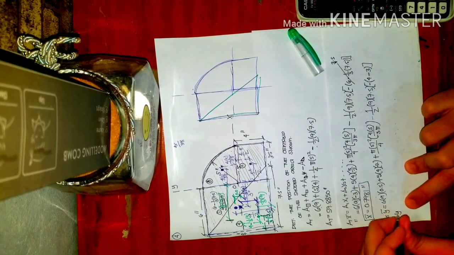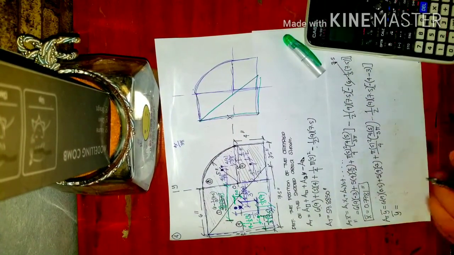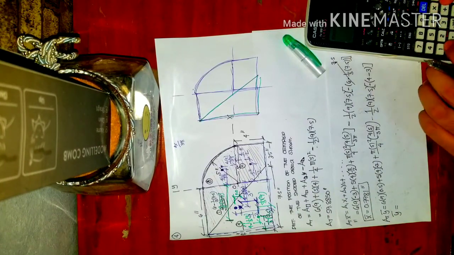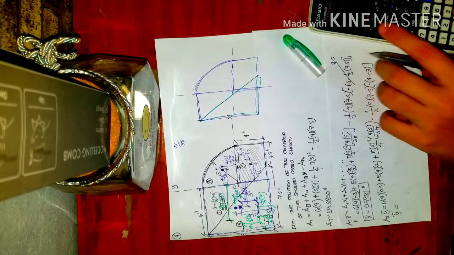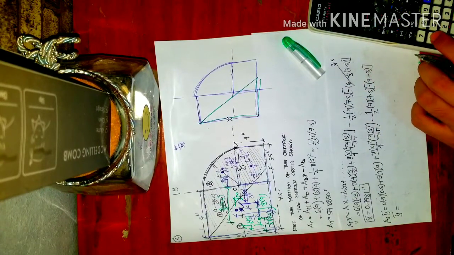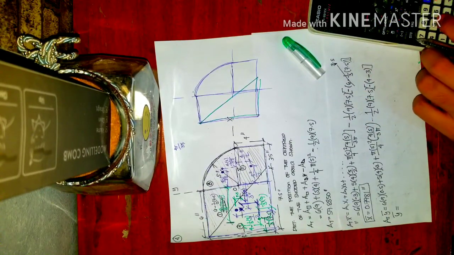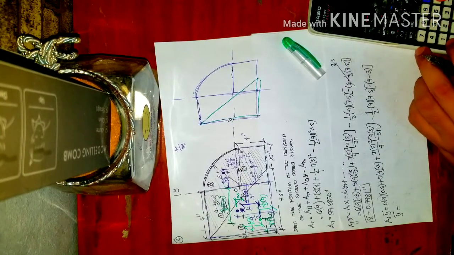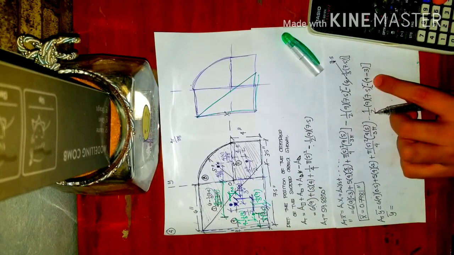So what will be the value of your y bar? So pindutin lang muna ulit natin. So 6 times 9 times 0.5 plus 5 times 4 times negative 2 plus pi times 5 squared divide 4 times 4 times 5 divide 3 divide pi minus 2 raised to negative 1 times 9 times 7.5 times, ano ba to?